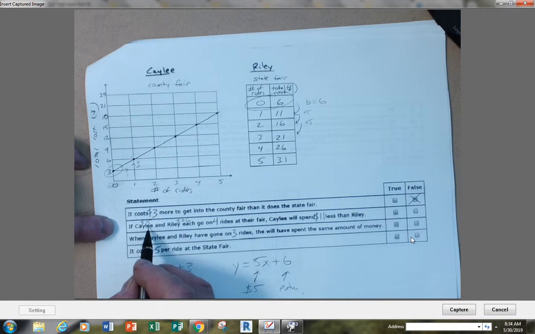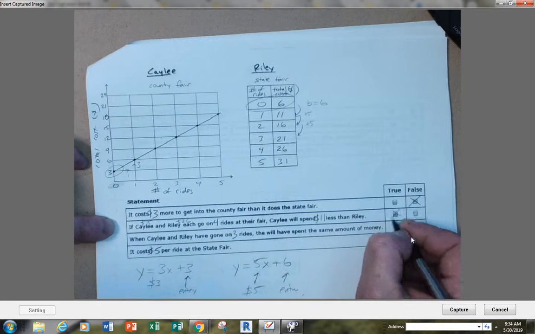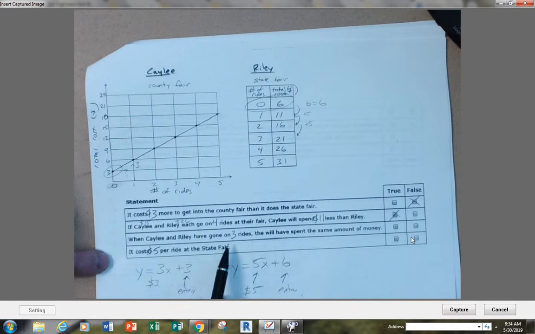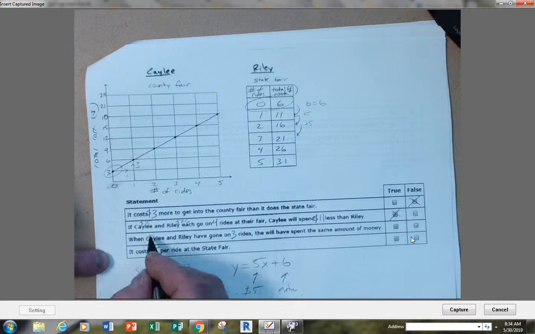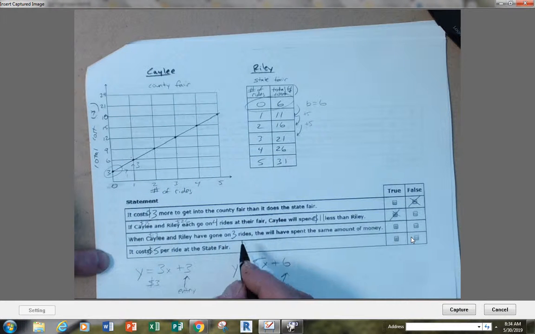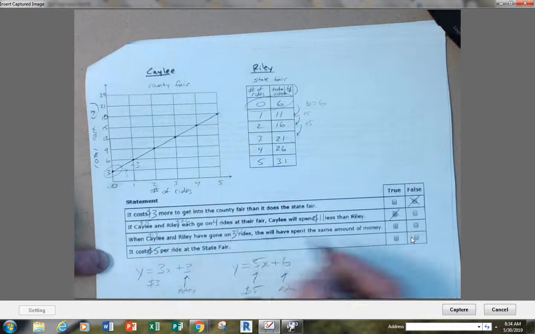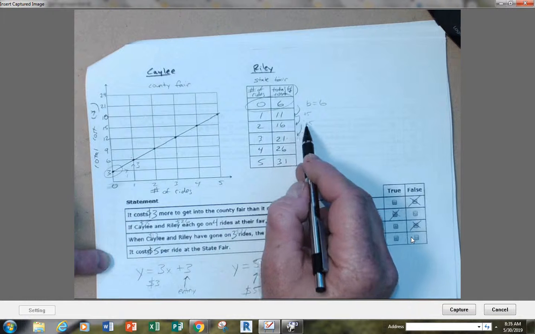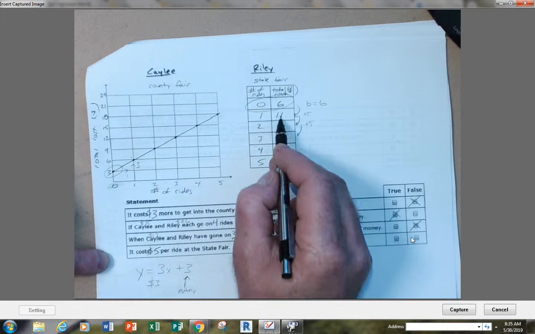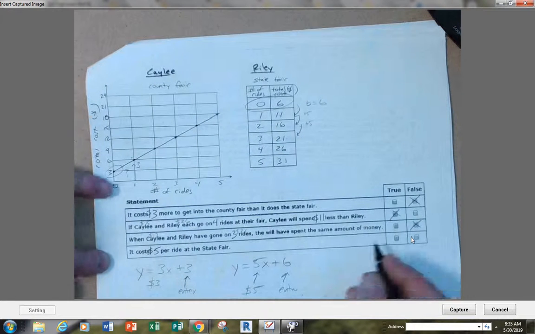Kaylee spent $11 less than Riley. That would be true for this one. Kaylee and Riley, 3 rides, same amount of money. Kaylee, 3 rides, $12. Riley, 3 rides, $21. This one is false. $5 per ride for the state fair. That is true, because again, they're not trying to bait you into thinking $11 per ride. That one would be true.